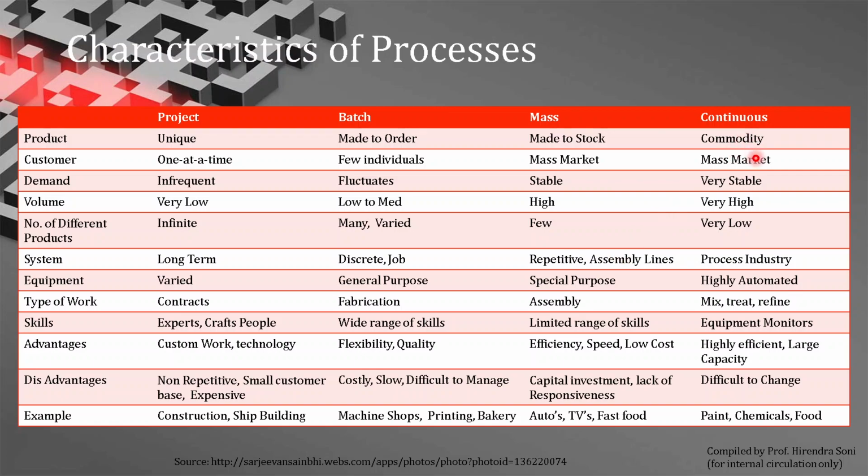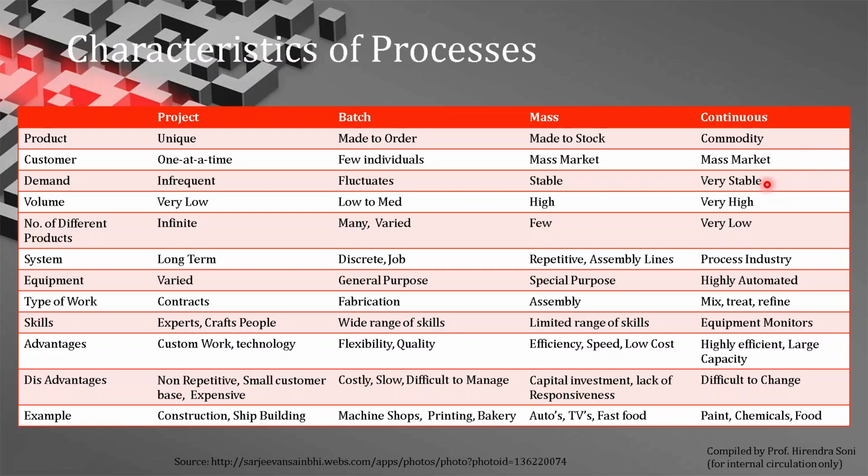Continuous processes are very much commodity based. Continuous processes are used for commodity products. There the customer is a mass market. That means it is being given across to anybody and everybody, and there is no variation in the product.